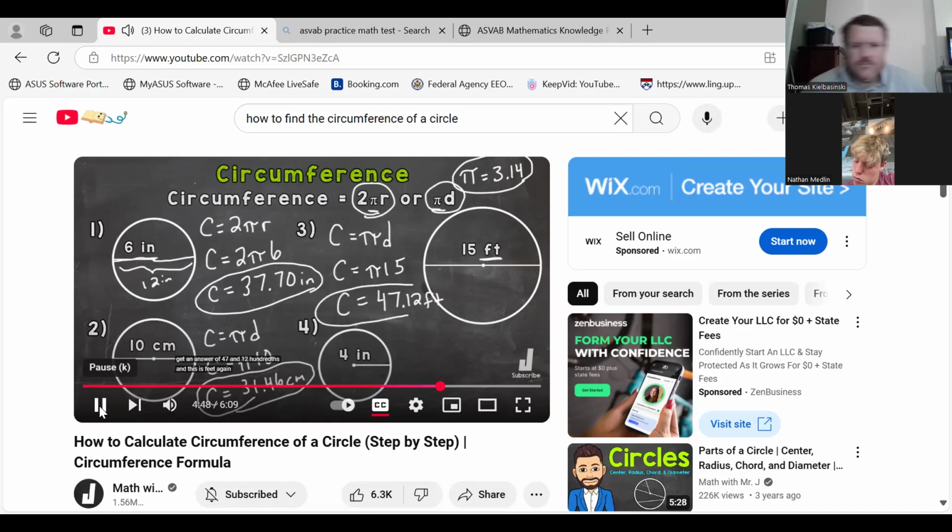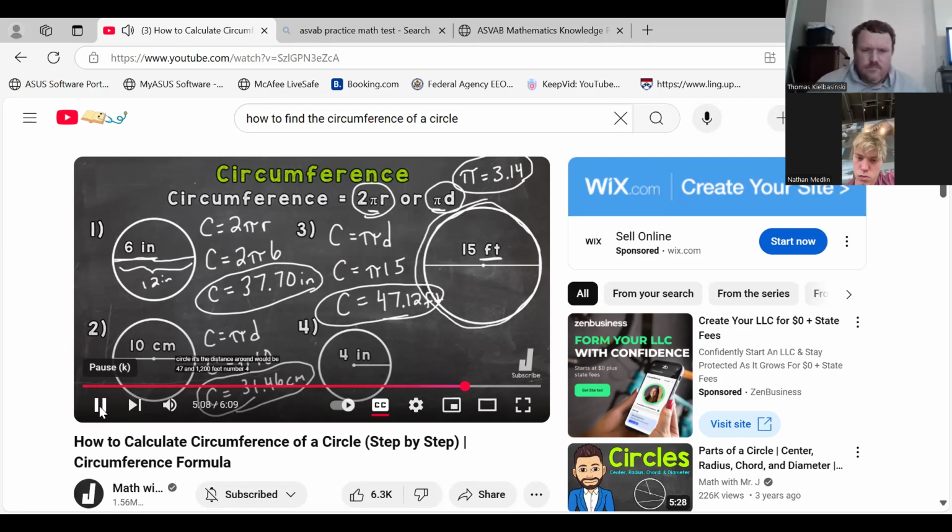Again, just to recap, circumference is the distance around a circle, so the perimeter. So if I were to trace or go around, I'm not drawing a perfect circle here, but go around that circle, the distance around would be 47.12 feet.